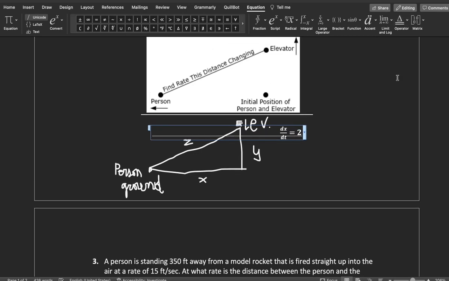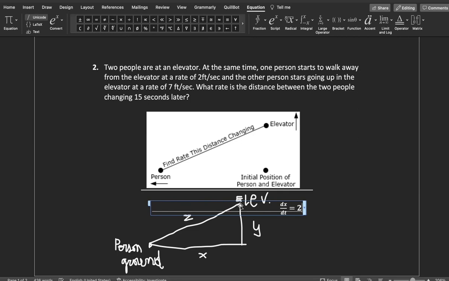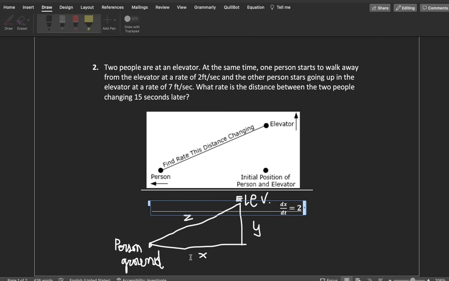Remember from the problem, it says that one person starts to walk away from the elevator. So if the elevator is here and you're walking away from it, then you are going in that direction. So if I were to put an arrow there, you're going in that direction.